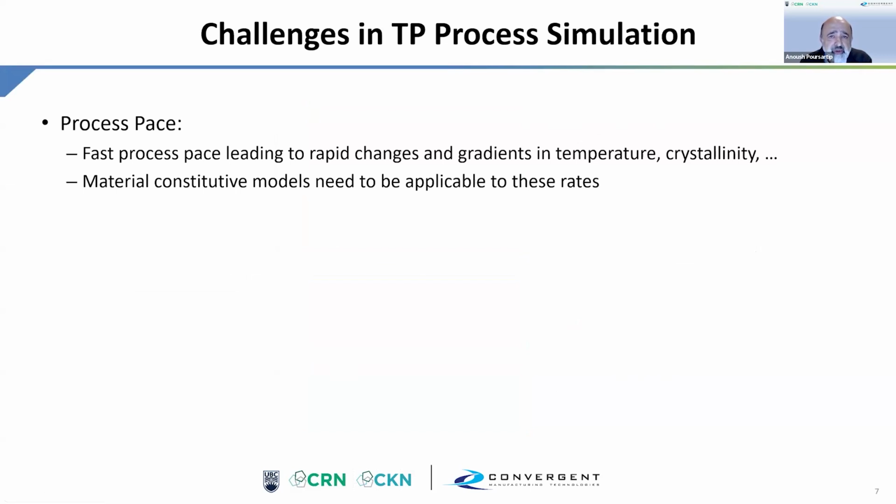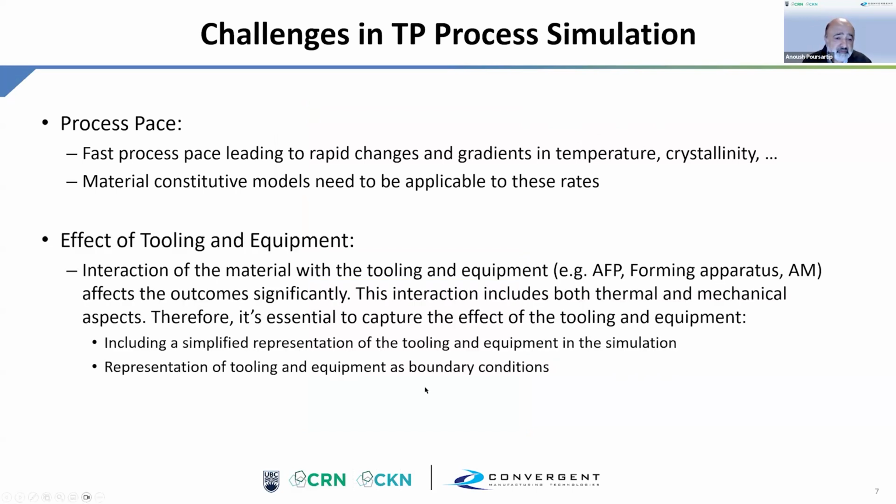Specific to thermoplastic process simulation, we need to acknowledge that that desire to go very fast in our processes means we're actually going to have large temperature gradients, large temperature changes, and this in turn will affect the spatial and temporal distribution of, say, crystallinity. And so any material constitutive models we develop need to be applicable to those rates.